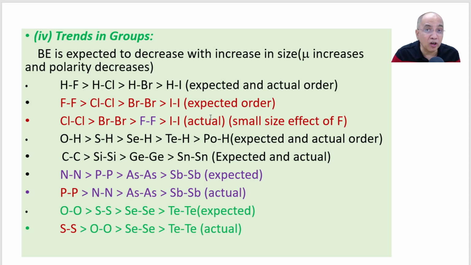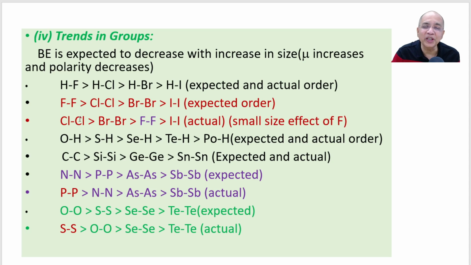The expected order is according to size or reduced mass, and they are not polar at all, so here there is no K factor, they are all non-polar. But the reduced mass would expect this to be the order.